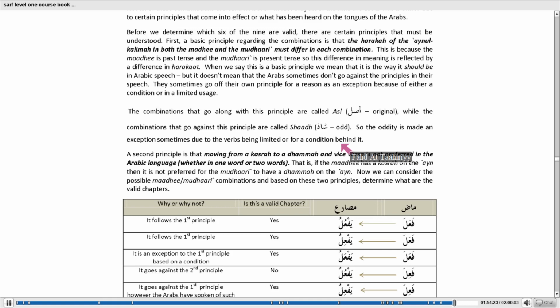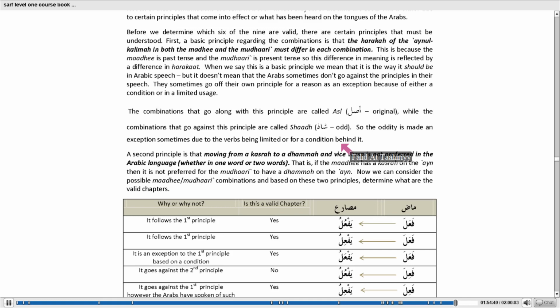So, again, if the haraka of the ain in the madi is different than the haraka of the ain in its mudari', which it is combined with, then alhamdulillah, that's good. That's how it should be. It is according to the principle.